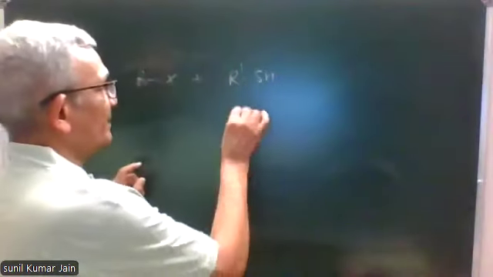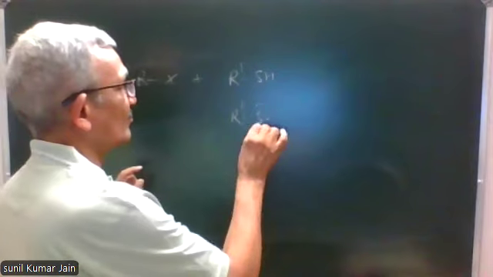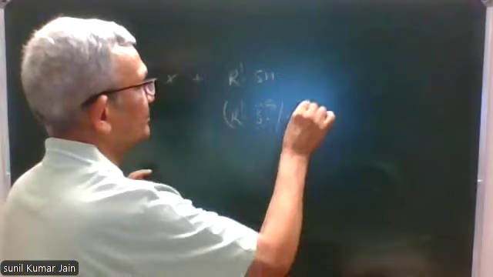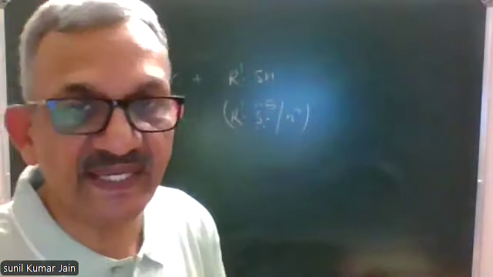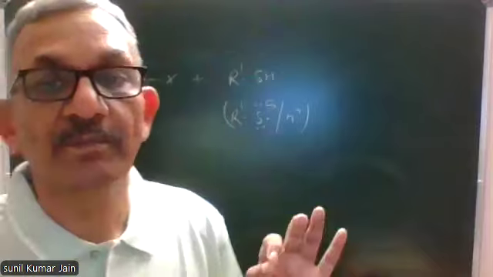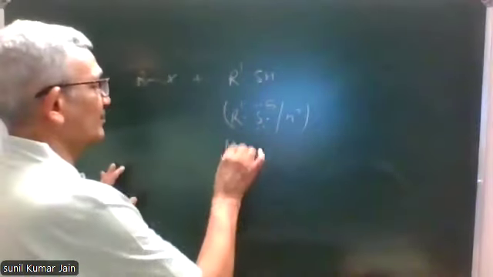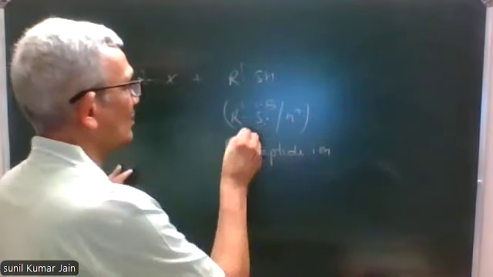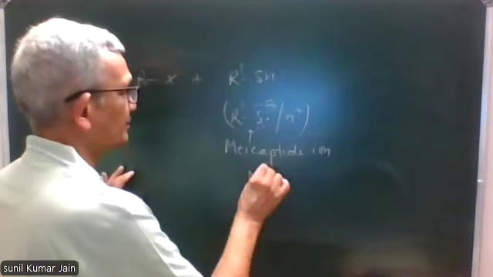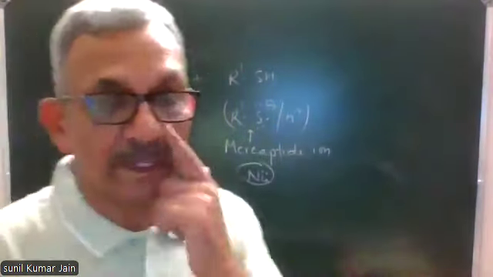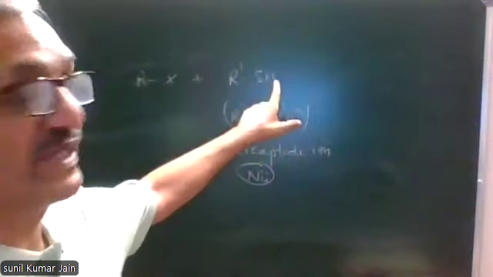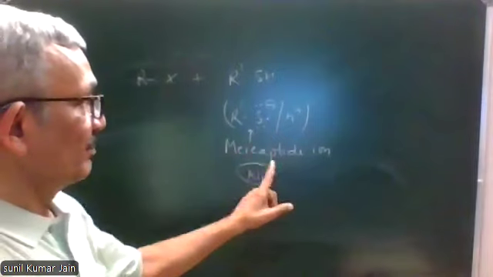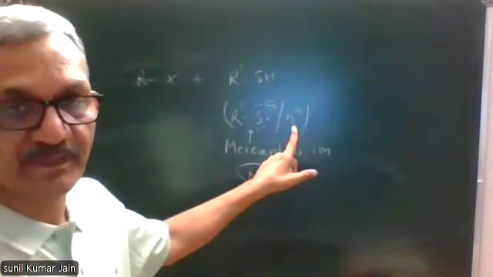This will ionize to give RS minus ion. RS minus ion is called mercaptide ion. So this is reaction of alkyl halide with a mercaptan, that is thioalcohol. Thioalcohol will ionize to give mercaptide ion and H plus.